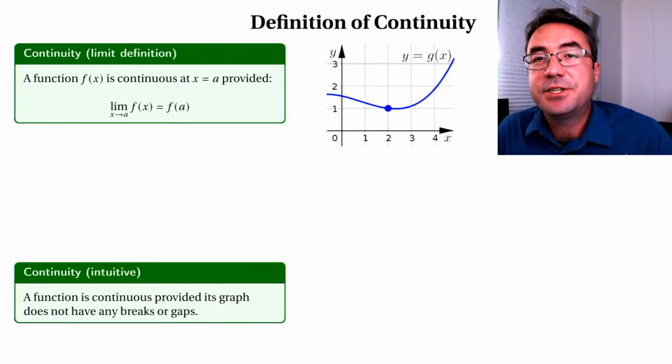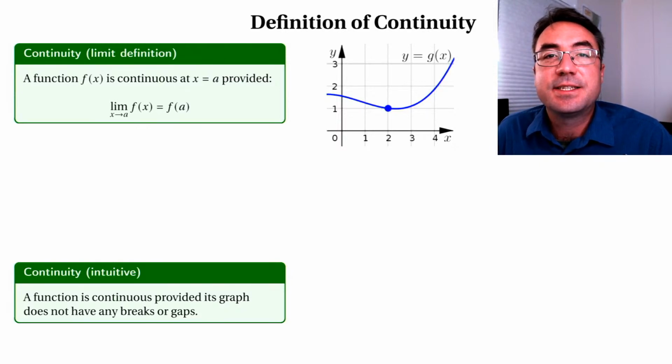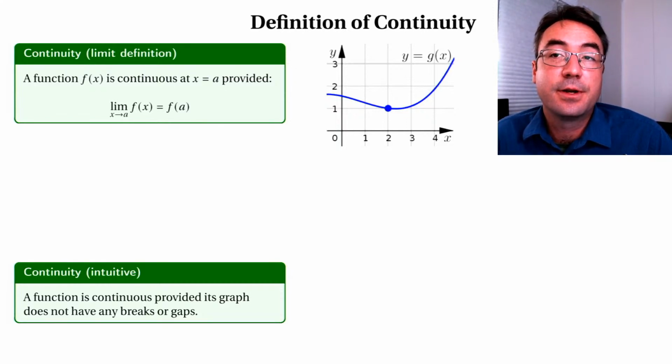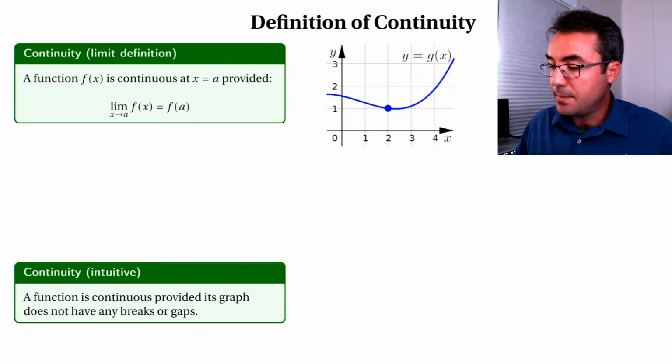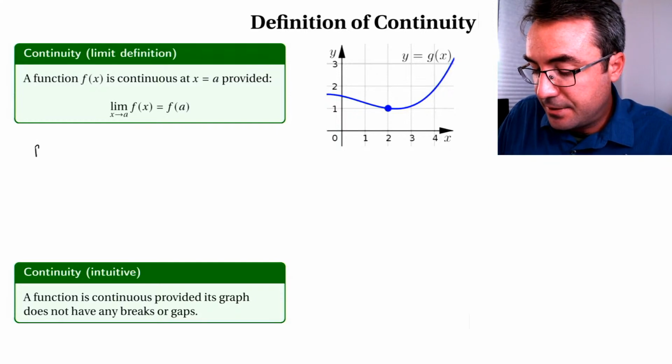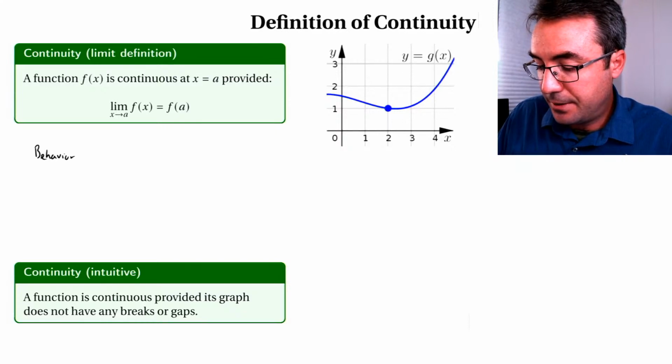So what this definition does is it extends the idea that we saw with polynomials and rational functions from earlier, in that we're just able to plug in. And so really what this definition is saying is that the limit is really telling us about the behavior of our function f near x equals a.